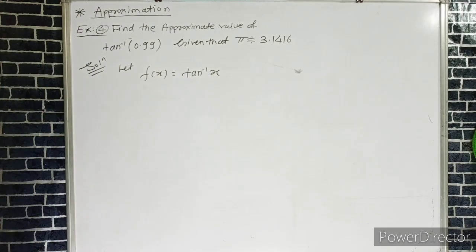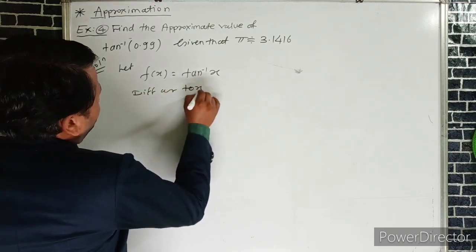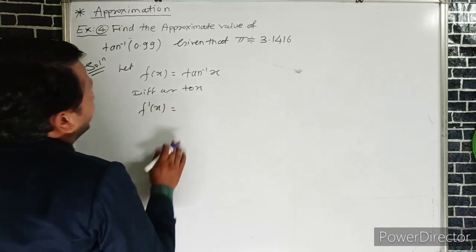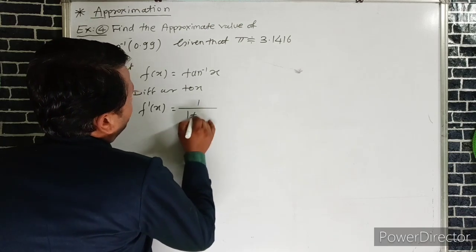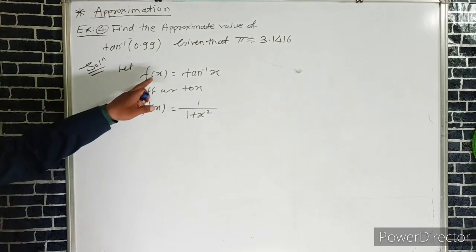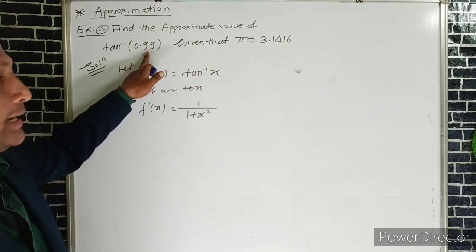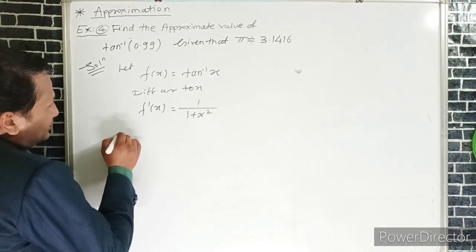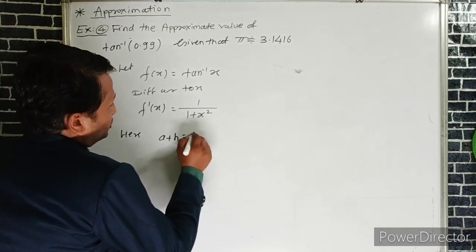If we differentiate the given function with respect to x, then we get the derivative of f of x, f dash of x, and the derivative of tan inverse x is 1 upon 1 plus x square. It is clear that x is replaced by 0.99. So we can consider that here a plus h is equal to 0.99.